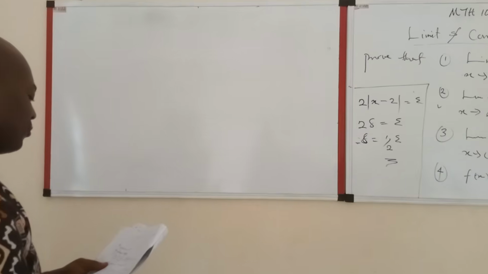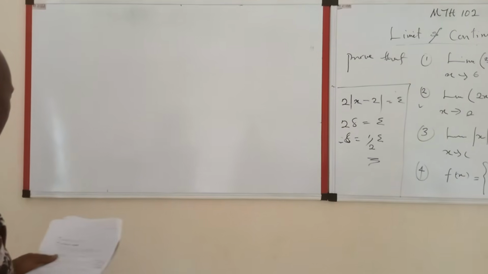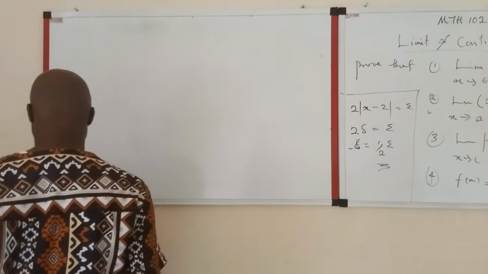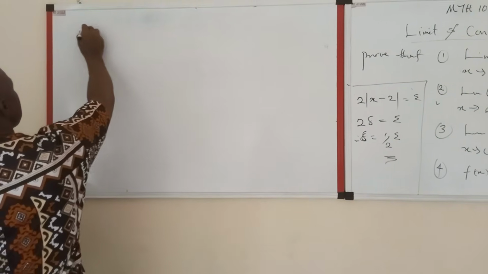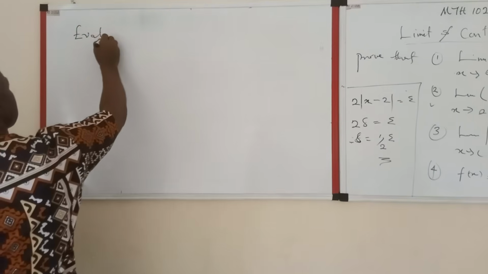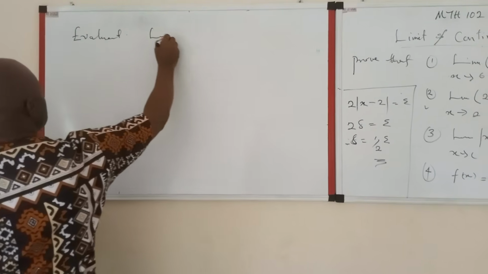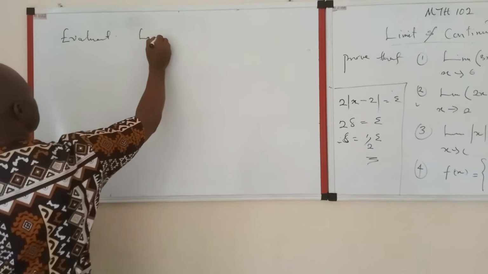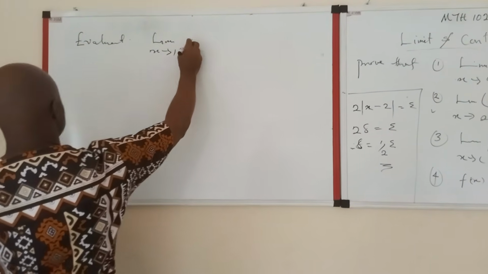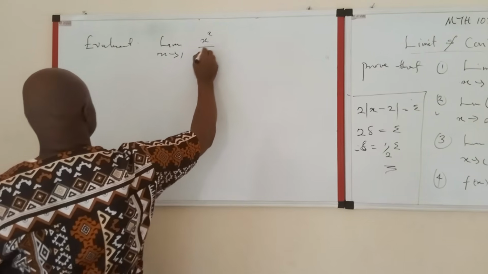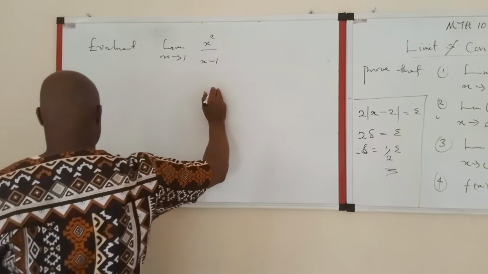Now, if we have, evaluate the limit as x tends to 1 of this function, where the function is x raised to the power 2x minus 1.